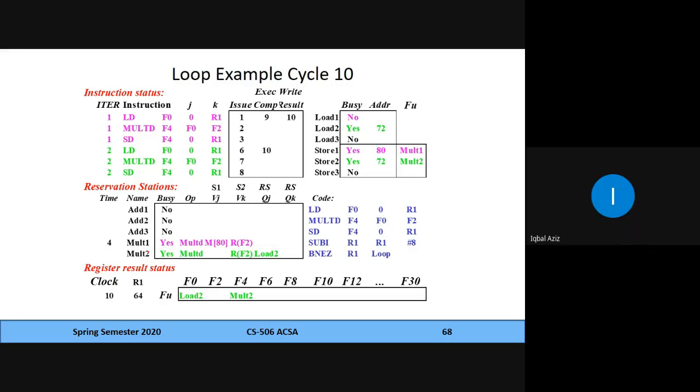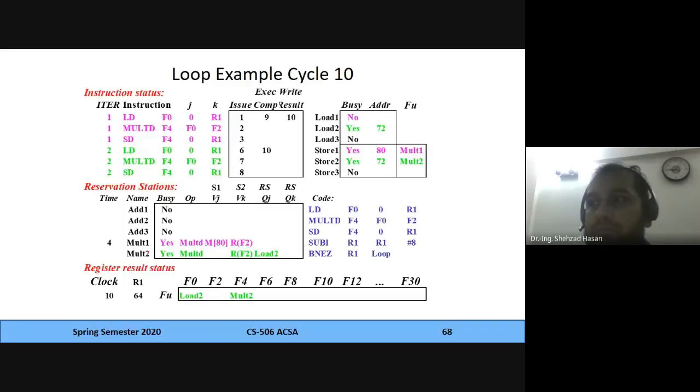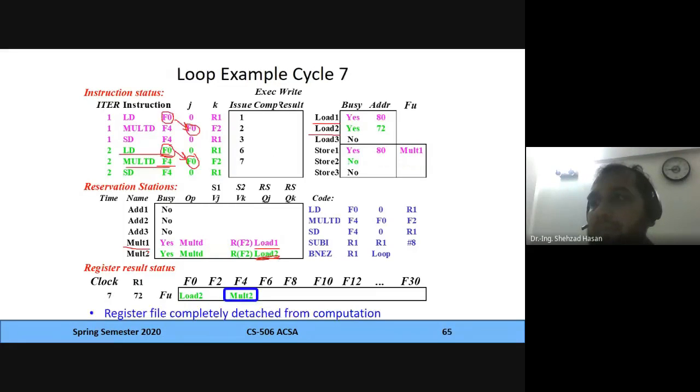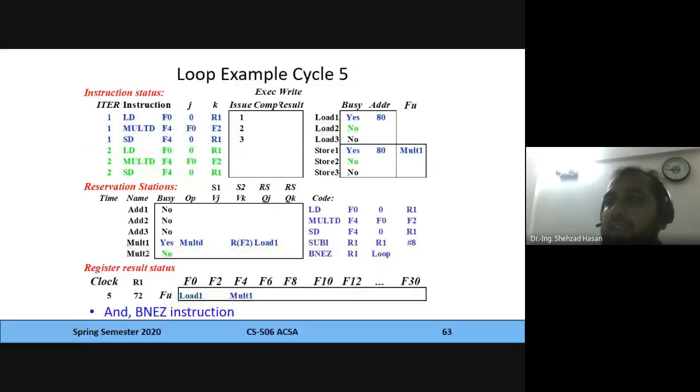Sir, but in the previous example, we were taking the value from the register, but now the register headache is removed. No, we are still taking it from the register. The main thing is, before coming to that register, we are seeing whether, until the 5th cycle, F naught was updated by load 1, right?